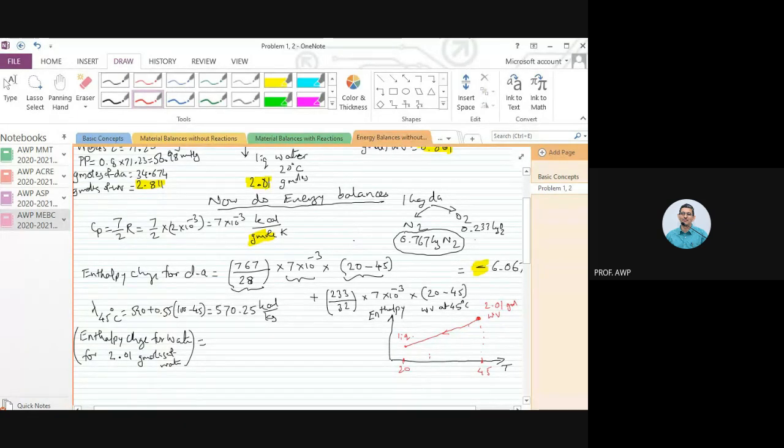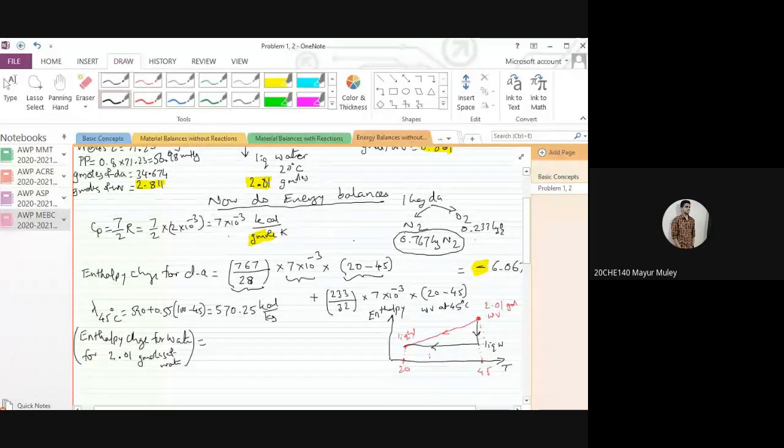So I have to convert the 2.01 gram moles of water vapor from 45 degrees centigrade to liquid water at 20 degrees centigrade. Is that what you're saying, Mayur? Instead of this red line, you are converting everything into liquid water at 45 degrees centigrade, and then cooling the liquid water from 45 to 20 degrees centigrade. Is that what you want to say? Yes, sir.